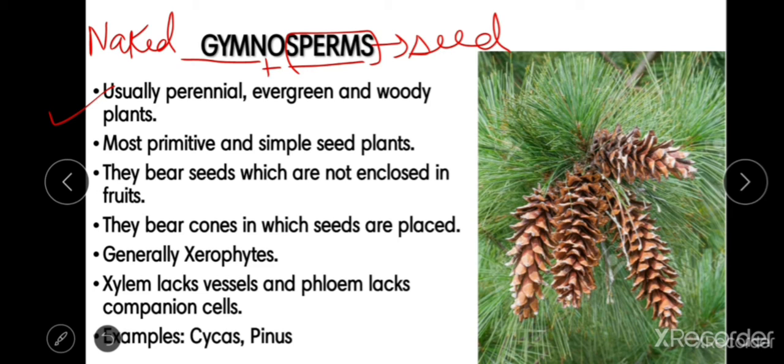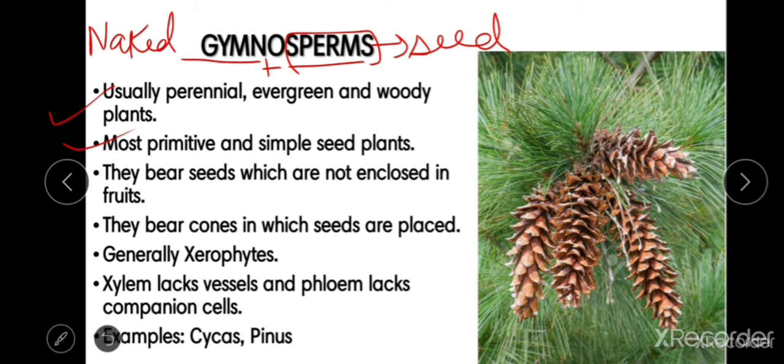Moving to the next feature, they are primitive and simple seed plants. Basically, gymnosperms, as compared to angiosperms, which we are going to learn in the next slide, show features which are not advanced. That is why they are called primitive. Moreover, the reason for being primitive is that they do have a vascular system, but they lack some components of the vascular system.